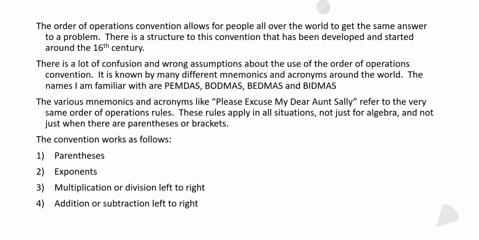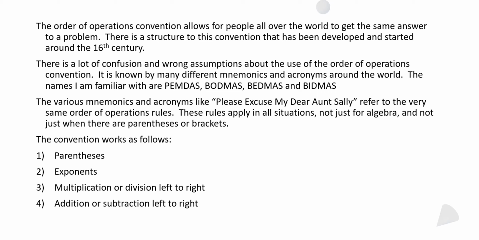The way this convention works is you first look at a problem, an equation or expression, and you look for parentheses. That's the very first operation. If you don't have any of those, or if you've solved what's in parentheses, you look at exponents. If you don't have any exponents, the next thing you're looking at, number 3, is multiplication or division, and you solve those left to right.